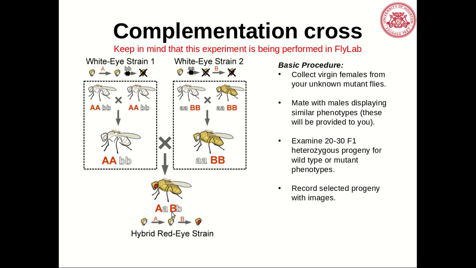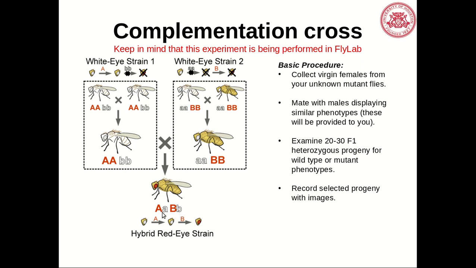It's going to dominate over the small letter, and therefore you're going to get what looks like a normal fly, a wild type, right? You're going to get the dominant one, assuming the dominant one is the one that you find in the wild type.